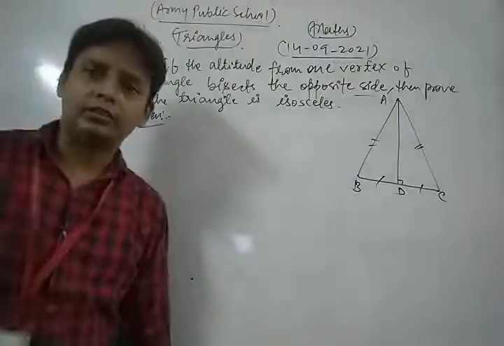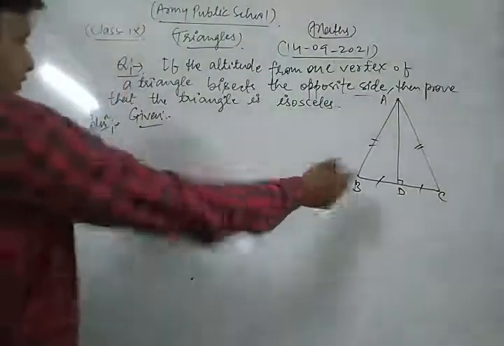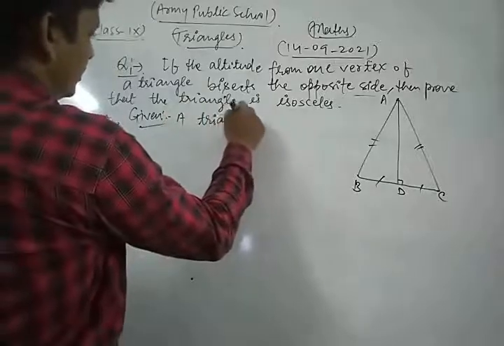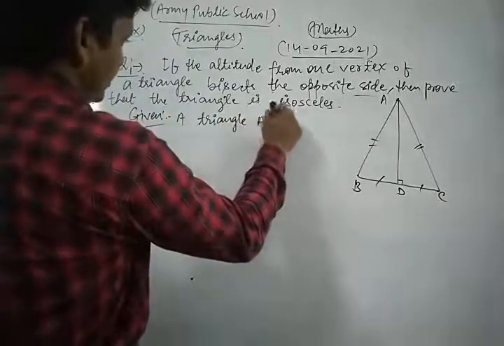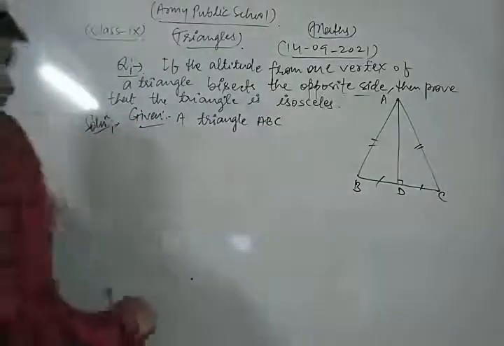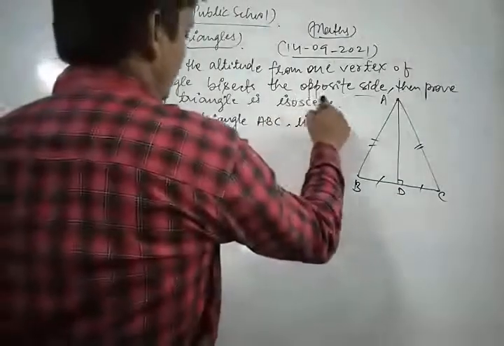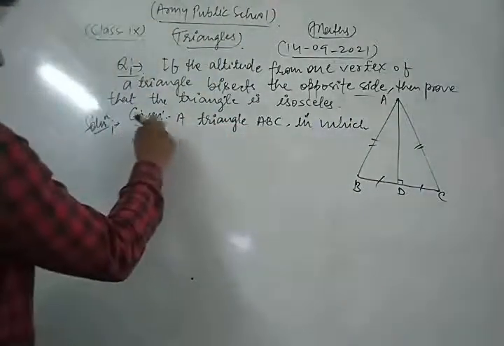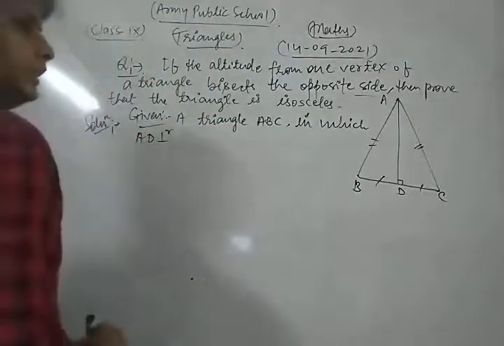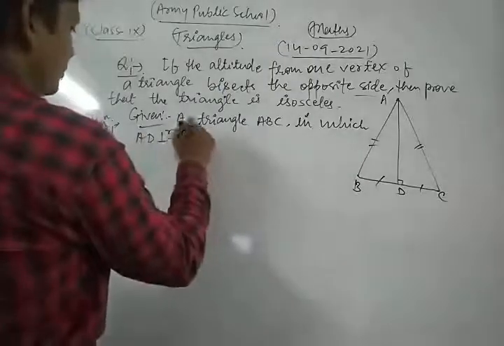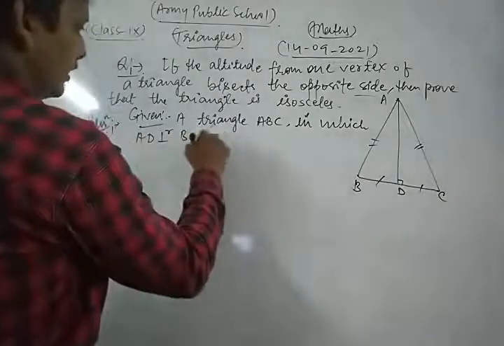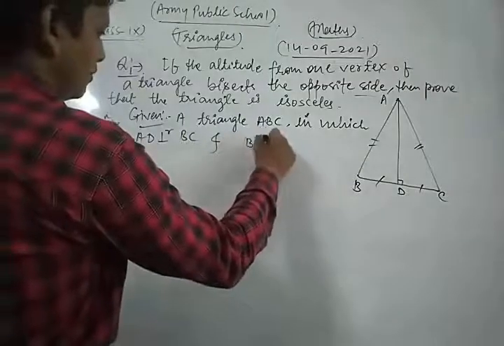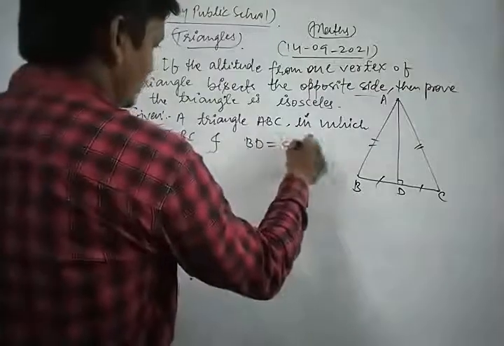So dear student, what do I do for that? First, in the given we write: a triangle ABC in which AD is perpendicular to BC and BD is equal to CD.